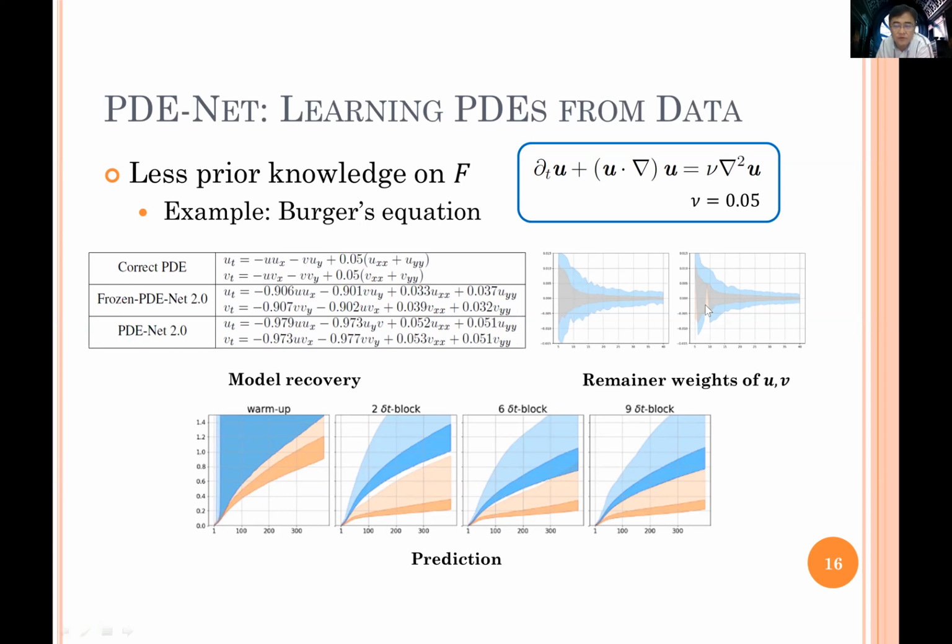These are pretty small remaining terms. And what's interesting here is that if we assume that we know it's Burgers' and we choose a discrete method that is stable for Burgers', it actually makes the system identification worse than learning the approximation.